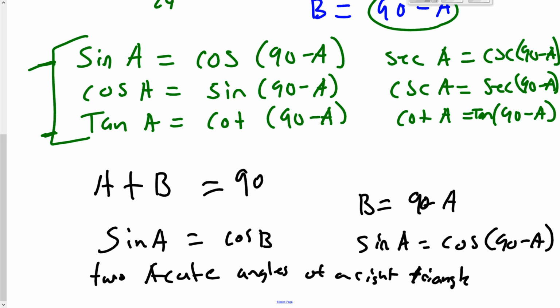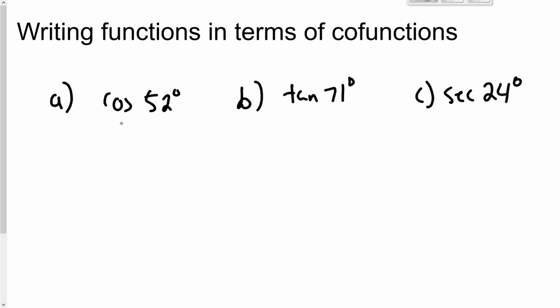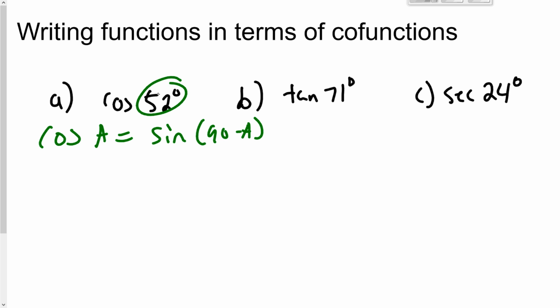So let's practice a couple. Here we go, cosine of 52. Cosine of A is equal to sine of 90 minus A. A is my angle, so that'd be 52. So cosine of 52 is equal to sine of 90 minus 52.